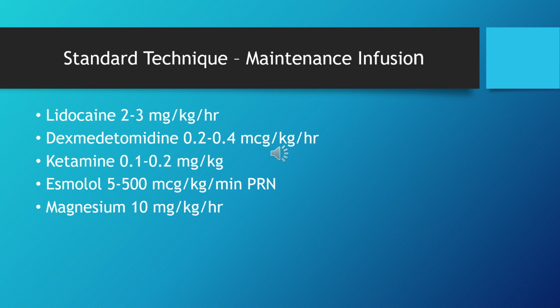Esmolol is not commonly infused as part of the standard technique, but given PRN, either infusion or bolus, at induction, for stimulating parts of the case, or at the end when the drips have been turned off. Again, to reiterate, it's good to turn the infusions off 30 to 60 minutes before emergence to avoid postoperative sedation.